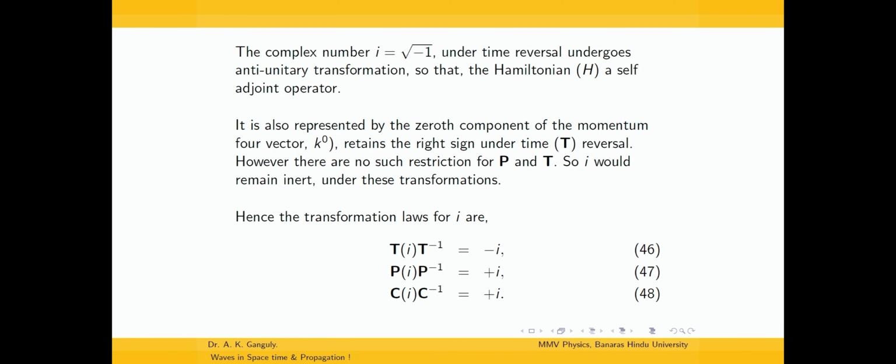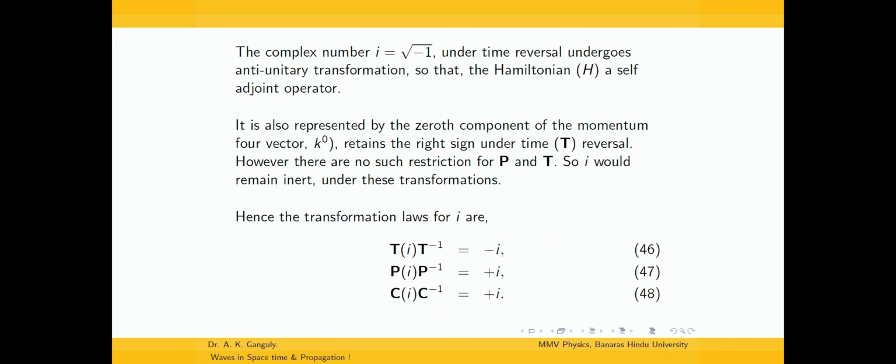Now, this omega is what is related to the Hamiltonian of the system, and the Hamiltonian for a conservative system is a Hermitian operator, and the omega or k naught, the 0th component of the wave vector, is related to the temporal component of the space-time variables.